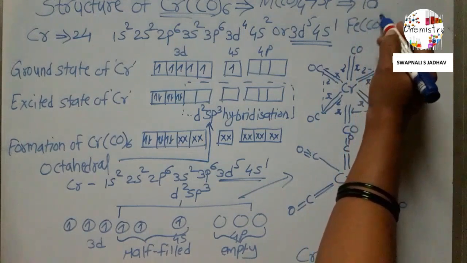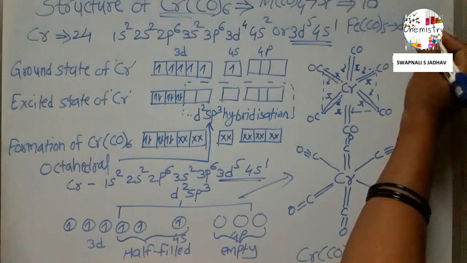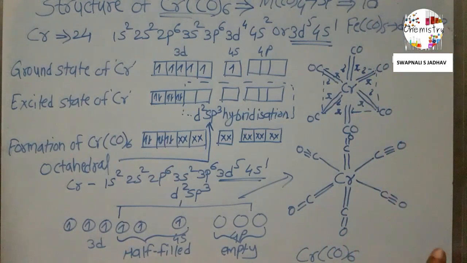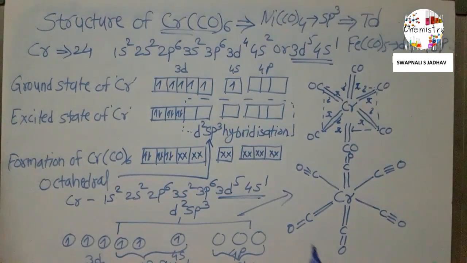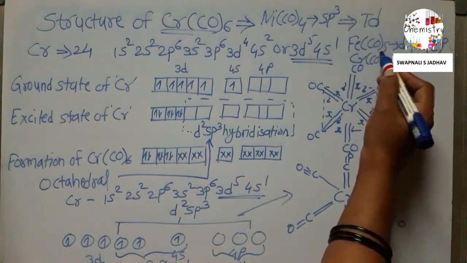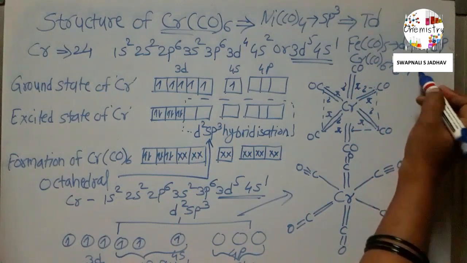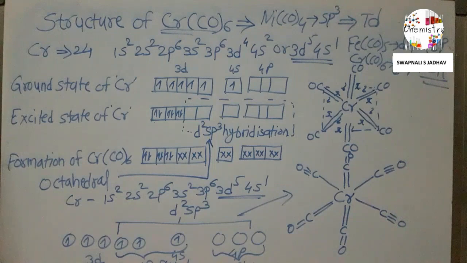Fe(CO)5 undergoes which hybridization? dsp3, and the structure is TBP, that is trigonal bipyramidal. And Cr(CO)6 undergoes which hybridization? d2sp3, and the structure is octahedral. Remember that. Okay, thank you very much.